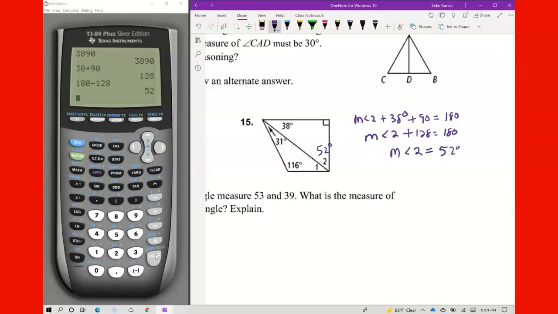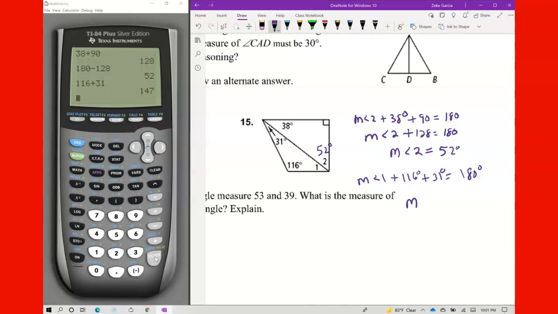So we want to find the measurement of angle 1. So the measurement of angle 1 plus 116 degrees plus 31 degrees is equal to, it's a triangle, so the sum of the angles is going to equal 180. So you're going to add 116 plus the 31 degrees, which gives you 147.